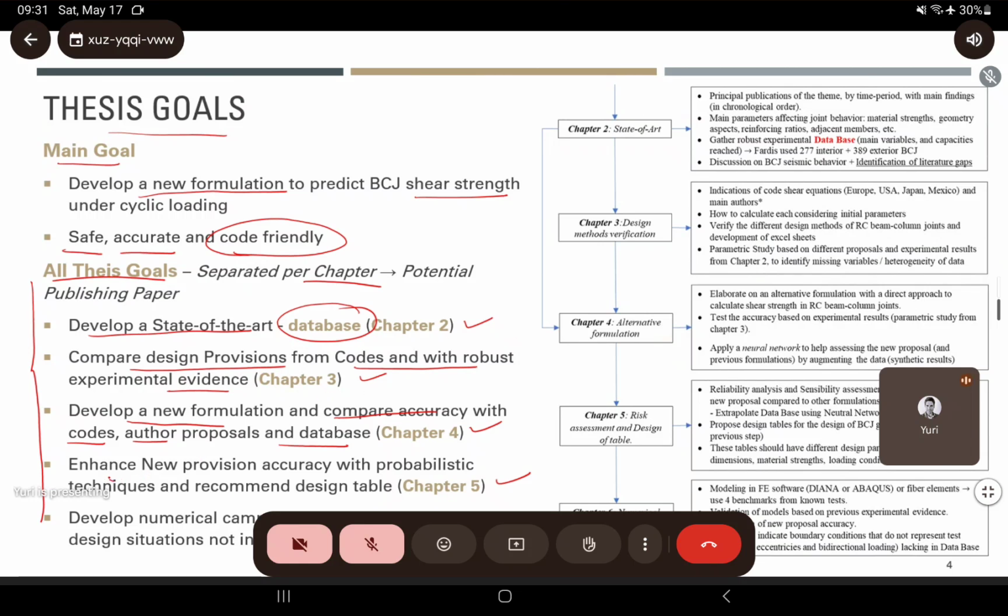Chapter 5, we intend to enhance the provision accuracy through probabilistic techniques, and we also want to recommend design tables to be used in codes that can facilitate designers' work. And lastly, we want to develop also an experimental campaign in which we want to assess situations that are not included in previous experimental campaigns. All right. The structure of the thesis is right here, as you can see.